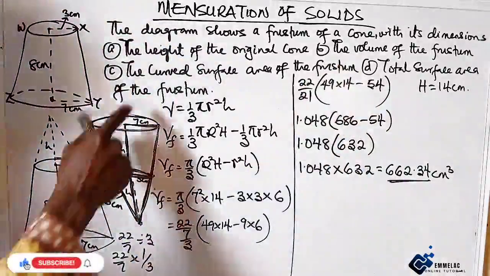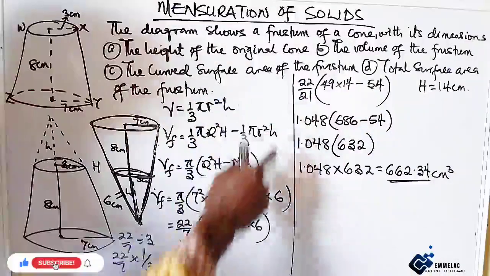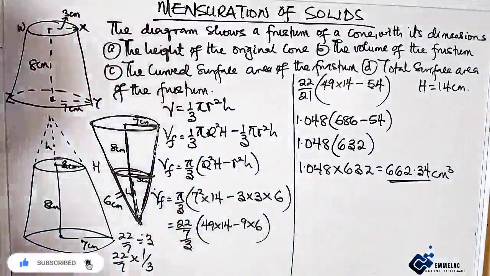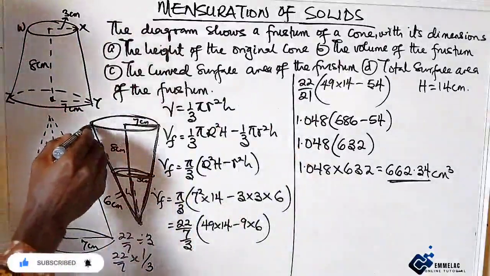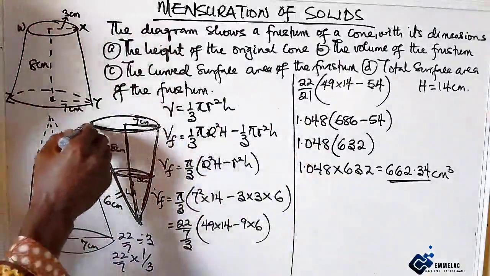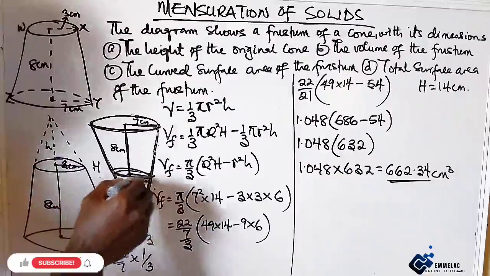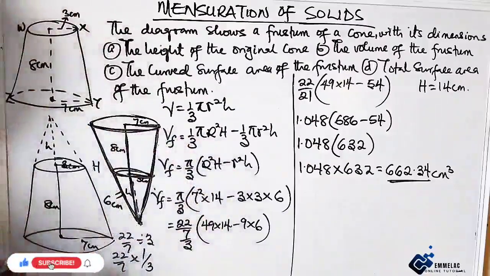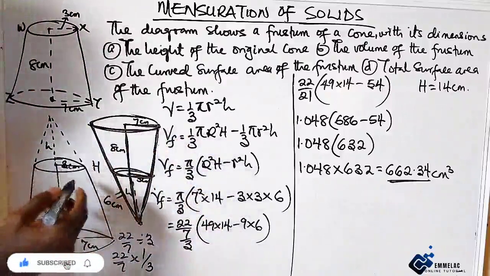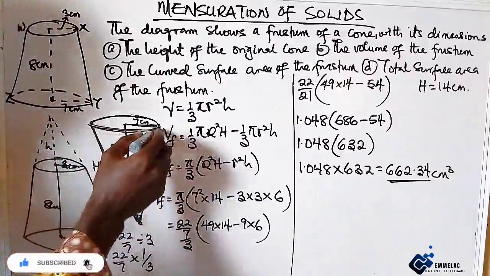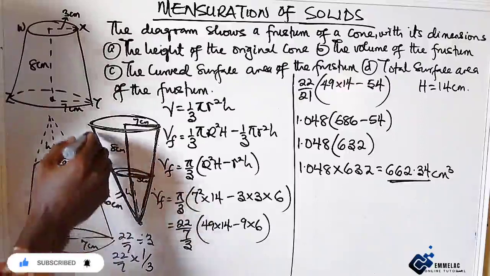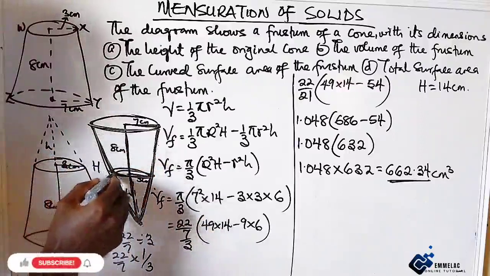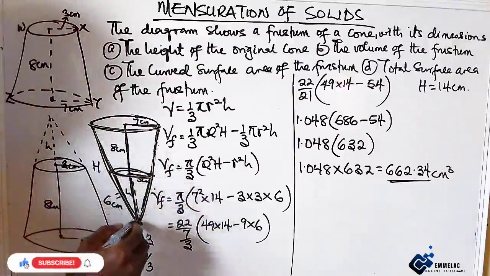Now let us find the curved surface area of the frustum. Now for us to get the curved surface area, what we just need to do is to get the curved surface area of the total cone minus the curved surface area of the smaller cone.